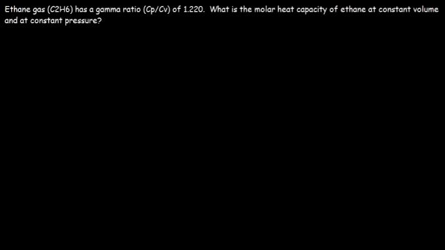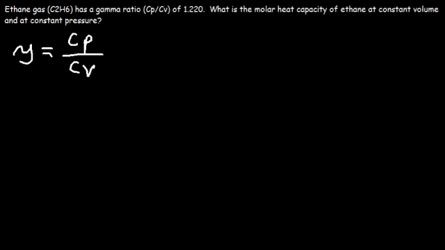Ethane gas has a gamma ratio of 1.22. What is the molar heat capacity of ethane at constant volume and at constant pressure? So how can we find Cp and Cv given this gamma ratio? Gamma is Cp divided by Cv.